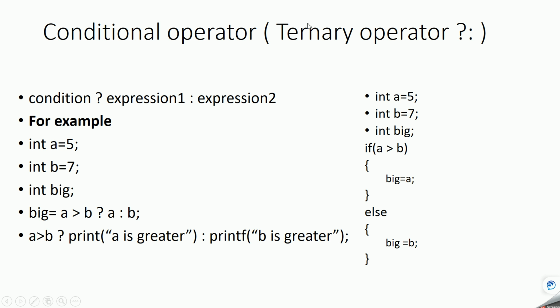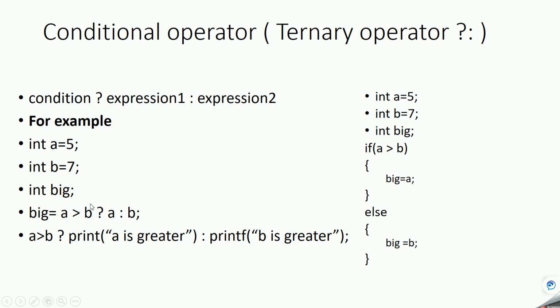Now we have a situation where we have two variables, a and b, and we want to find which is greater between a and b. In that case, we can use this conditional or ternary operator. We can write the condition like this: a is greater than b, question mark, a colon b.